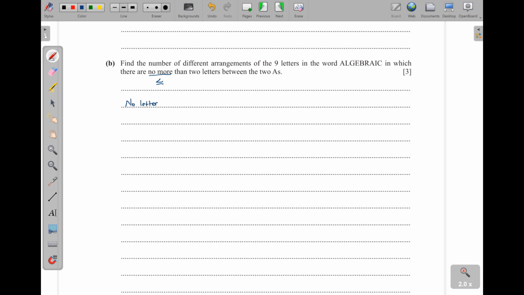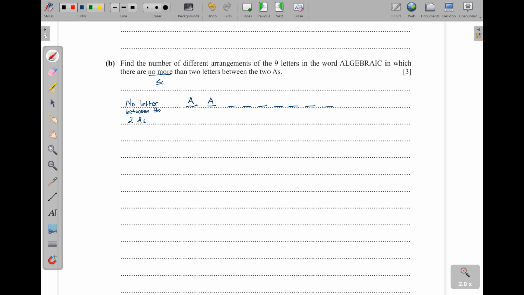No letter between the two A's. So I can have 1, 2, 3, 4, 5, 6, 7, 8, 9. So I can have an A here and an A here.